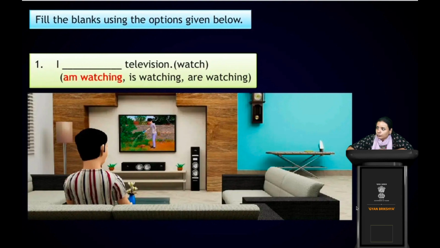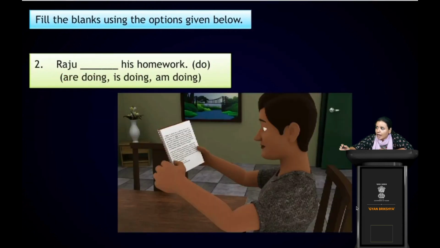Now see: Raju dash his homework, in bracket do: are doing, is doing, am doing. What will be the answer, students? With Raju, what will be the be verb? I have mentioned that with he, she, it, we have to use is, because he is singular only.